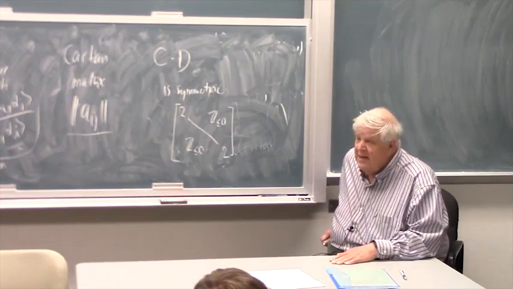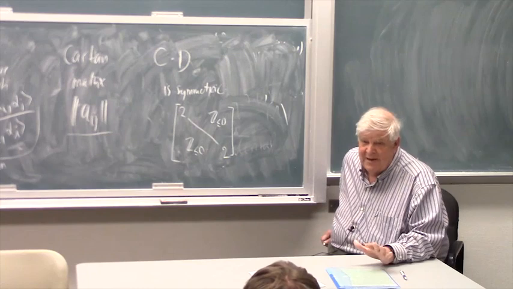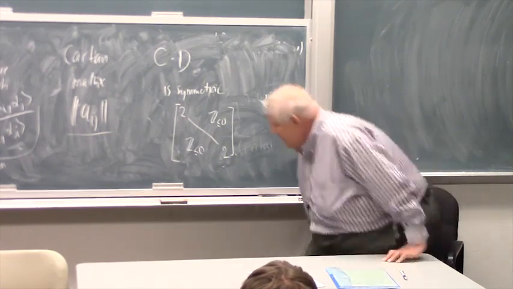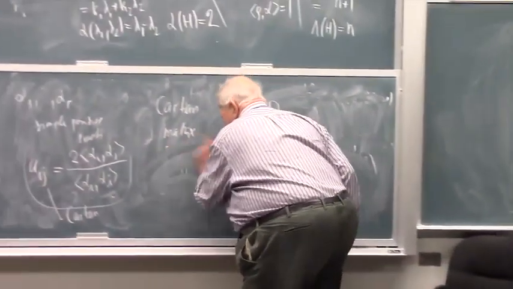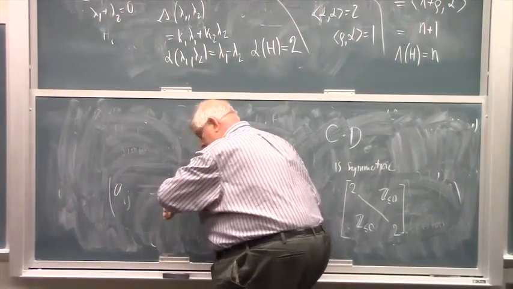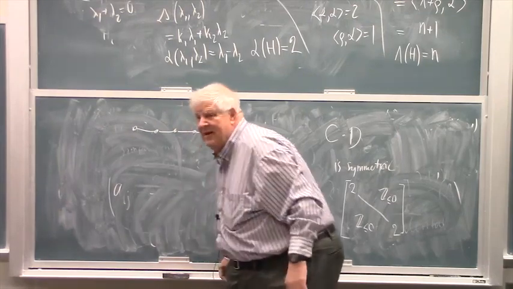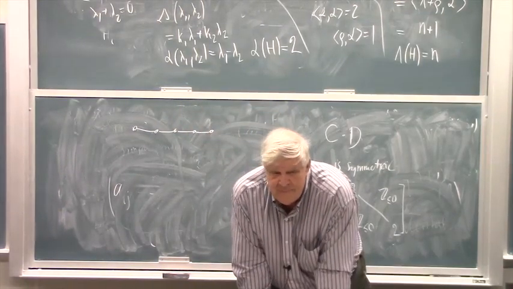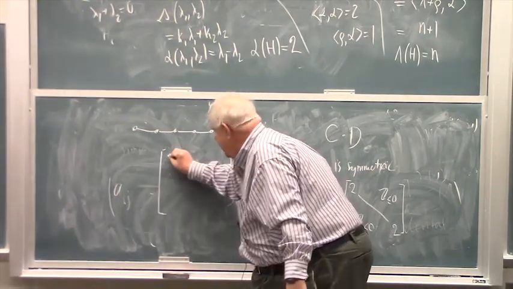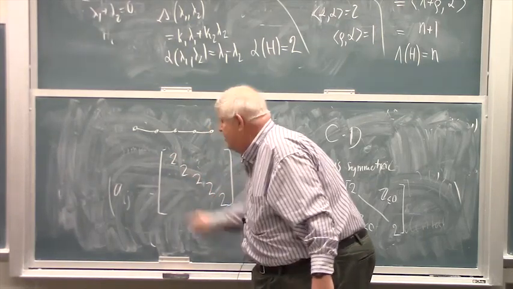Let me say that this matrix and the Dynkin diagram contain precisely the same information. Namely, suppose we have a Dynkin diagram. Say this. Then do the following. You draw a matrix. You write 2 on the diagonal.